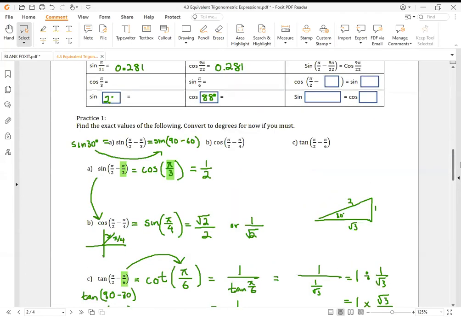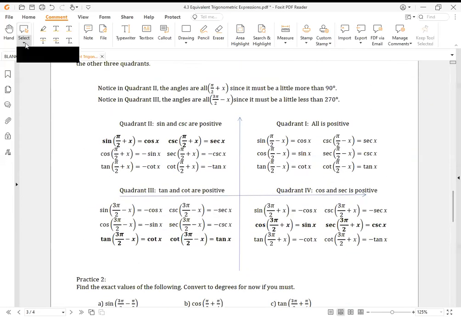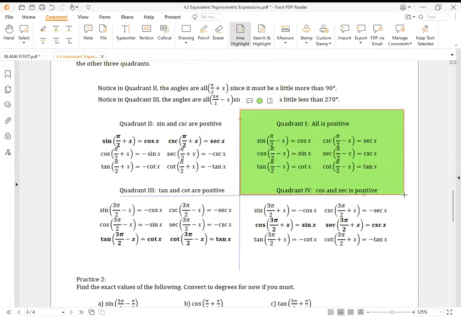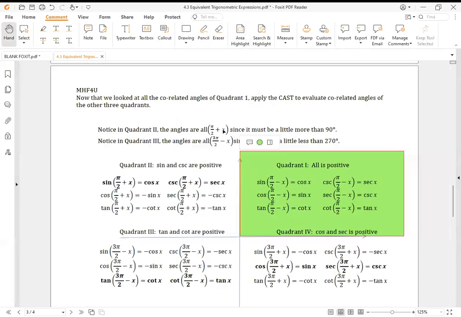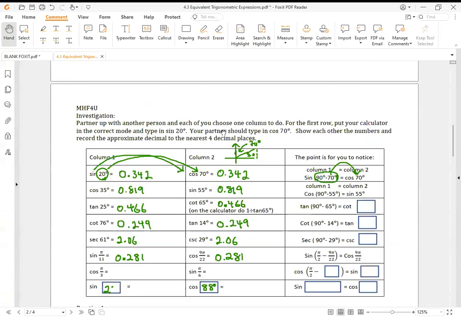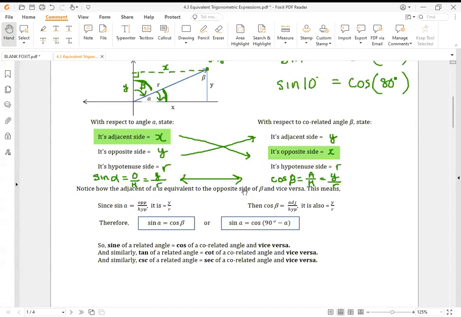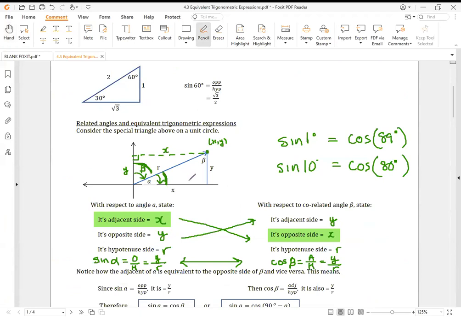Yesterday, we focused all of our attention on just quadrant 1. So even if you are not memorizing these, you should be able to understand that every angle we use as a correlated angle is going to add up to 90 degrees.